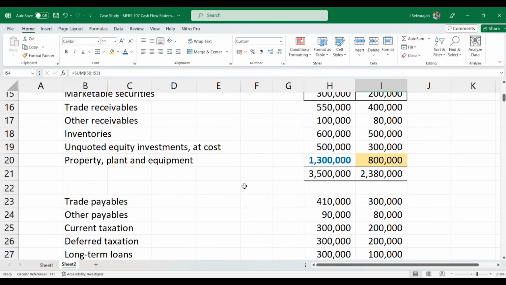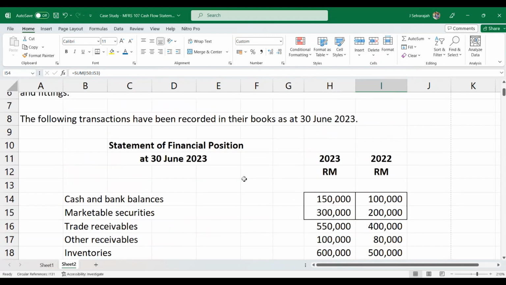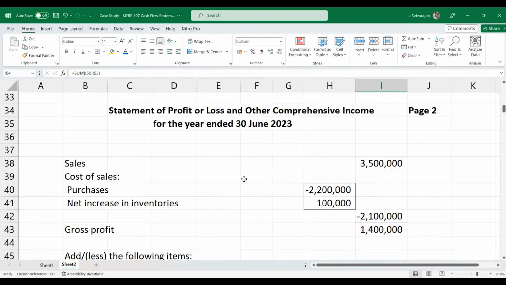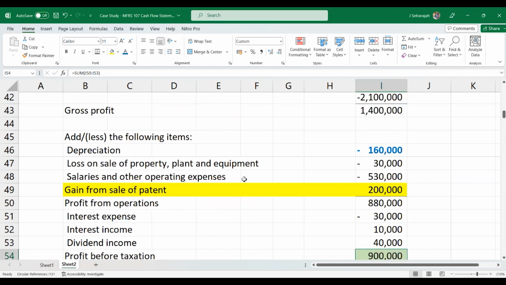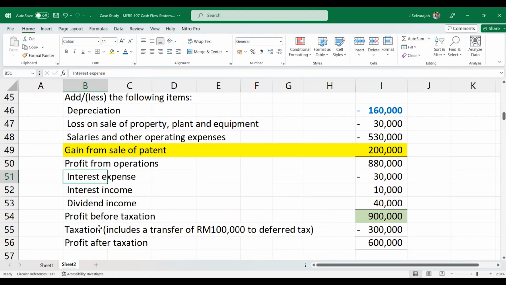Sorry, I must always look at the original one here. Do you mean the interest expense? Equal to interest paid next to tax paid. Oh, next to tax paid. Finance cost is this. Interest expense is supposed to be equal to the interest paid.